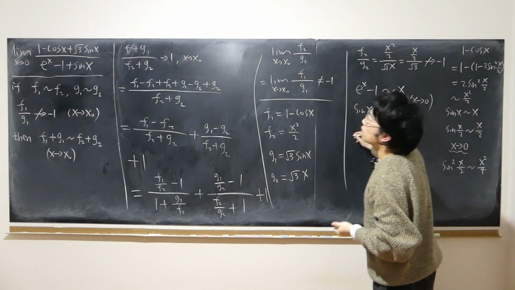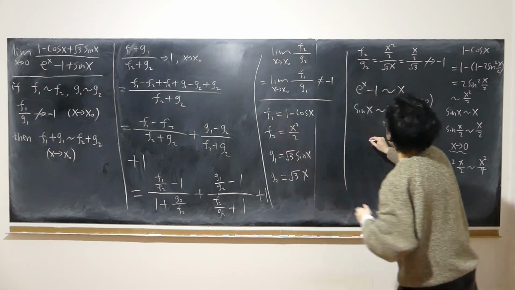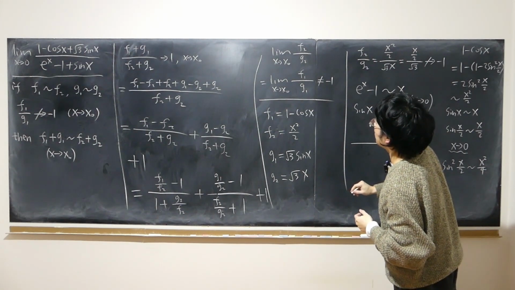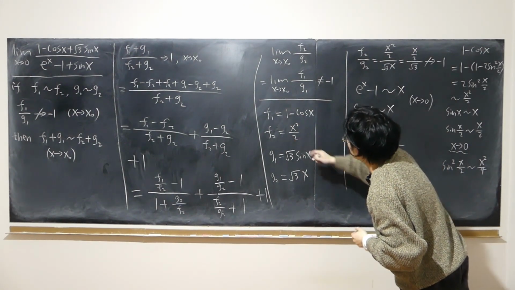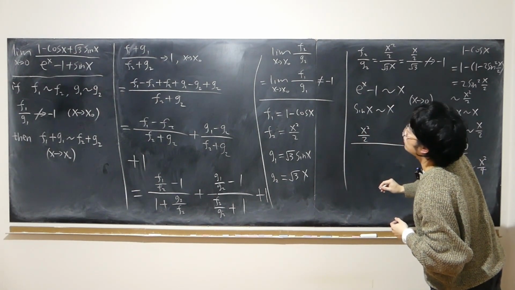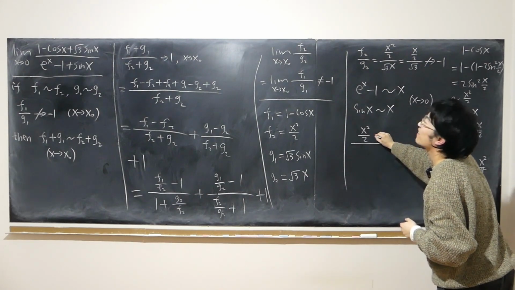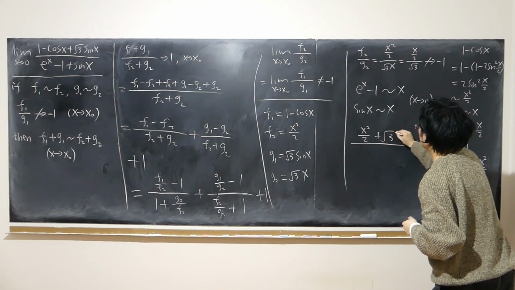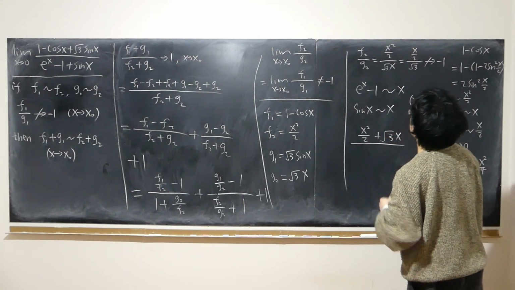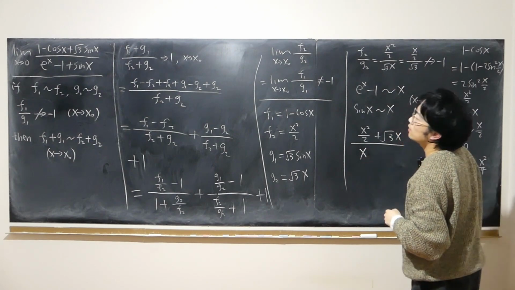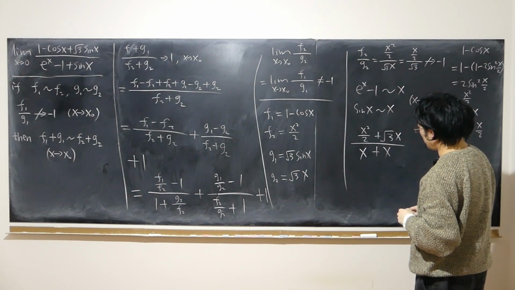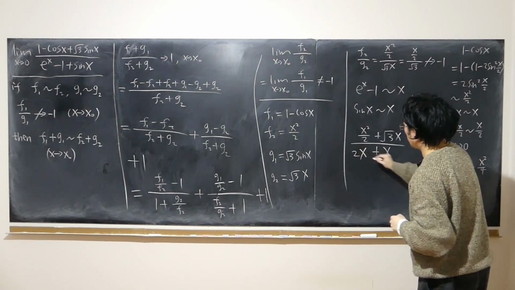So I just have to replace 1 minus cosine x with half of x squared, replace square root of 3 sine x with square root of 3 x, replace the bottom e to the x minus 1 with x, and replace sine x with x. We're safe. So that becomes twice of x.